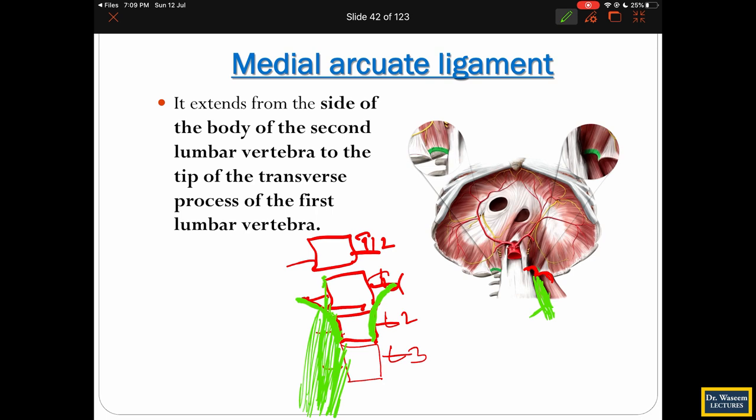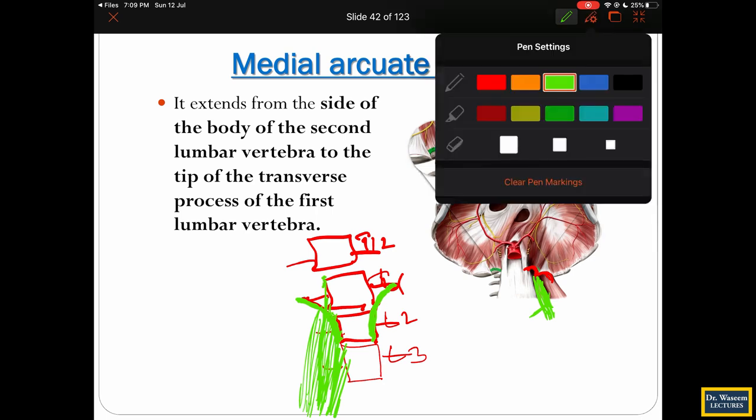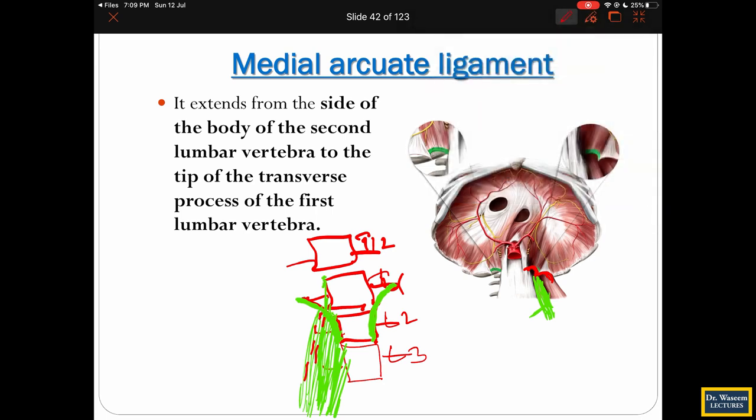The upper border of the fascia covering the psoas major muscle is very thickened, and because it is in an arch-like fashion, we call it the medial arcuate ligament.